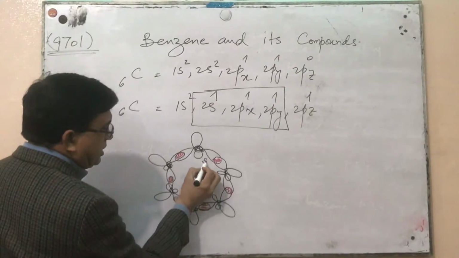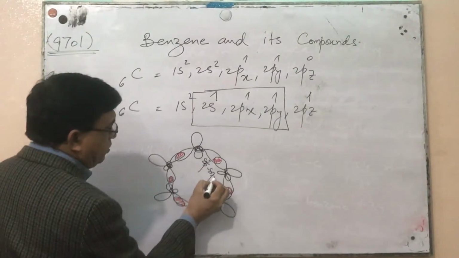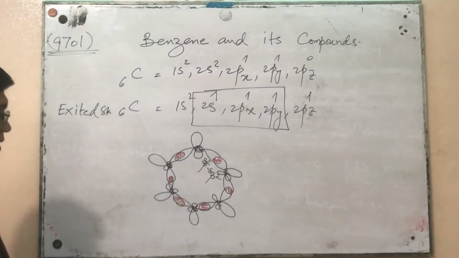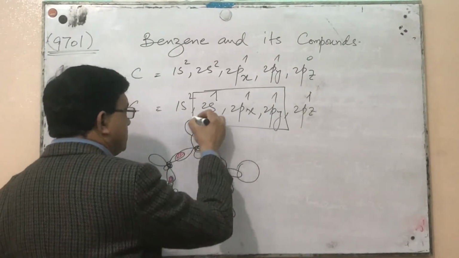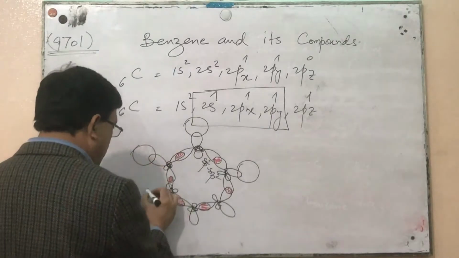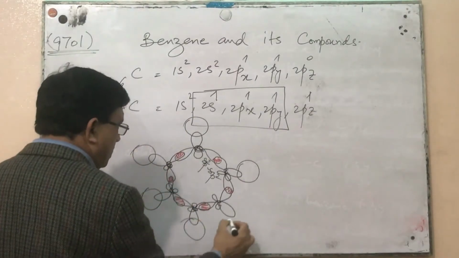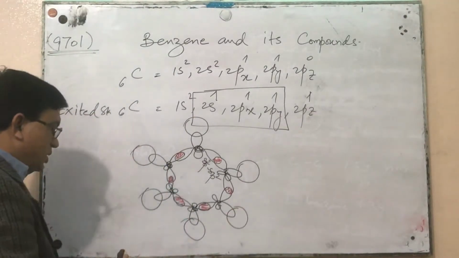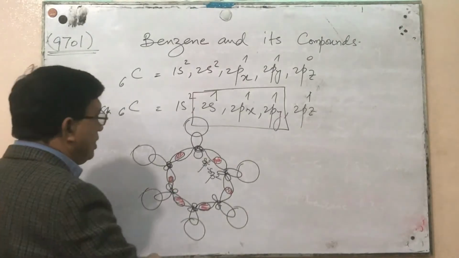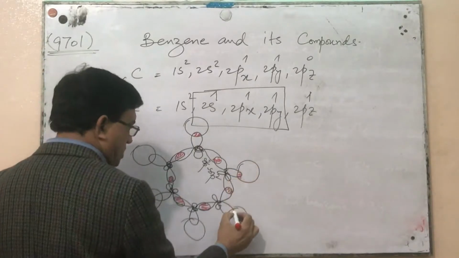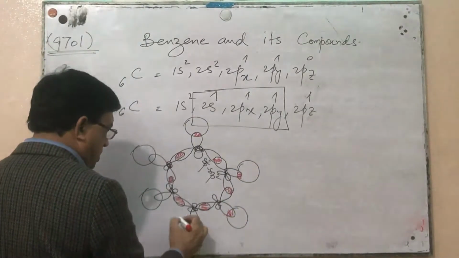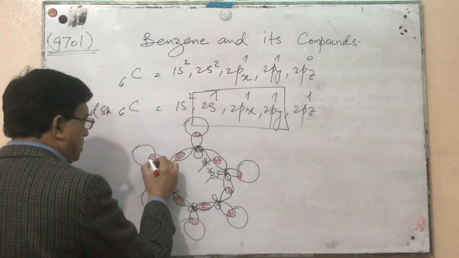The rest of the sigma bonds are formed by 6 hydrogen atoms overlapping their 1s orbitals with carbon, making 6 sigma bonds more. It means that in the benzene molecule there are 12 sigma bonds. All these are sigma bonds.